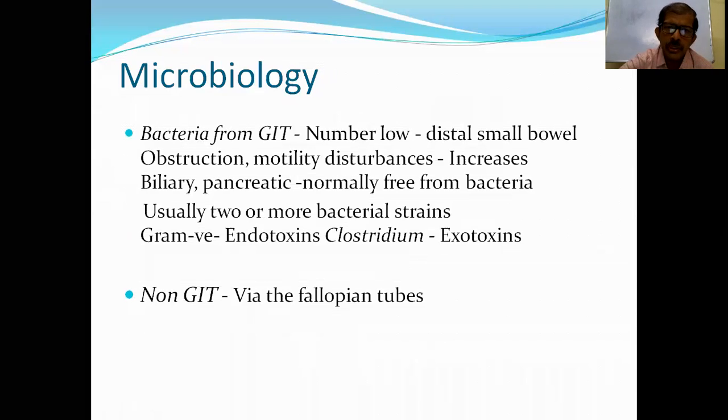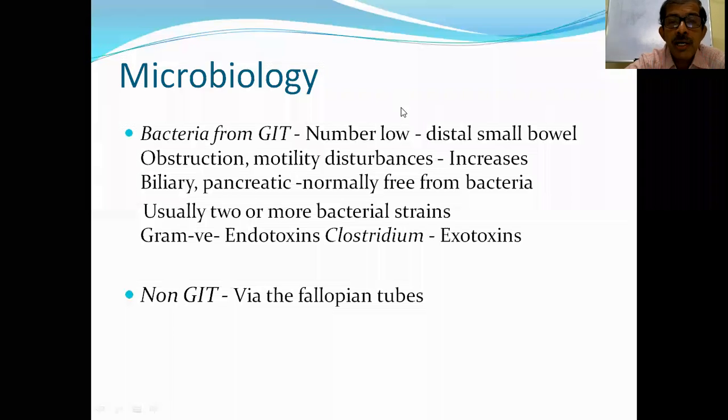The number is usually low in the upper GI, because in the stomach, due to the presence of acid, there are not many bacteria, except H. pylori, and that too in the distal parts.